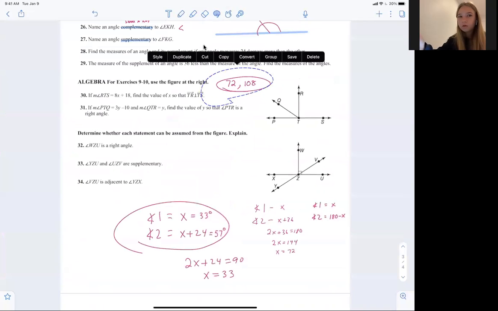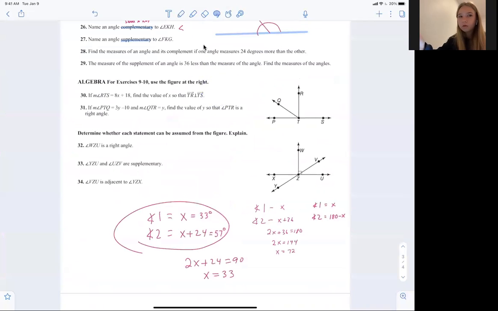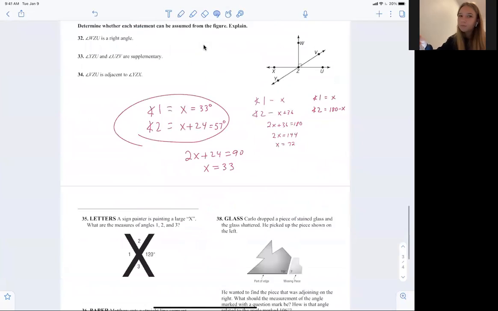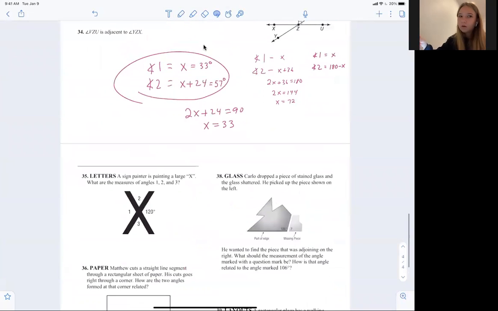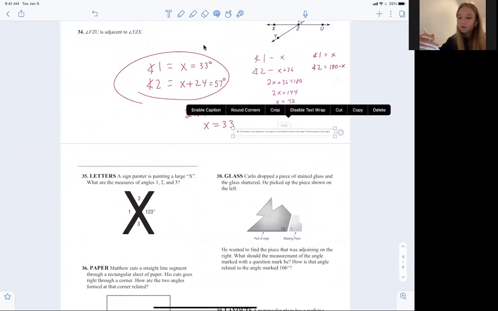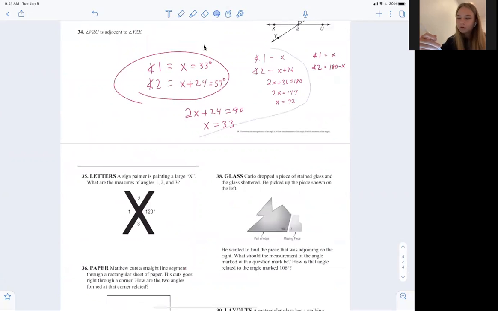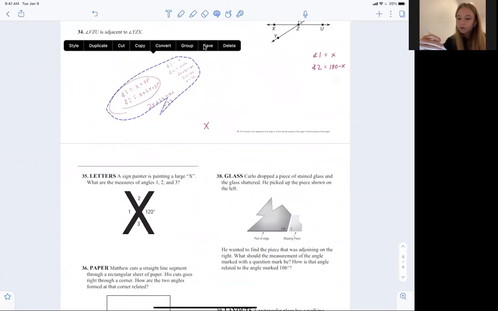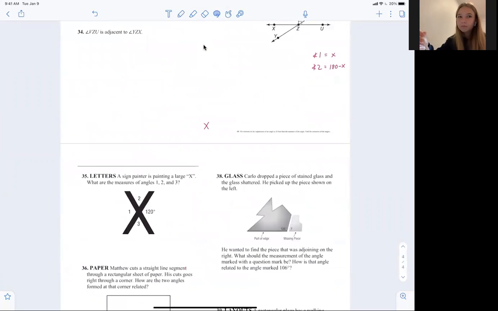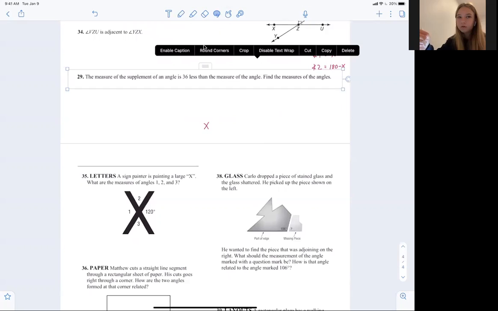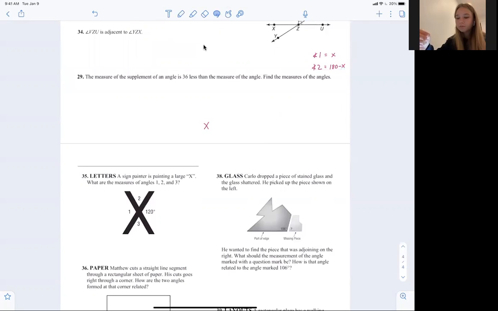Let me get this out of the way here. I think there's a better explanation for this. So I want to look at it this way. Now I can see it better.